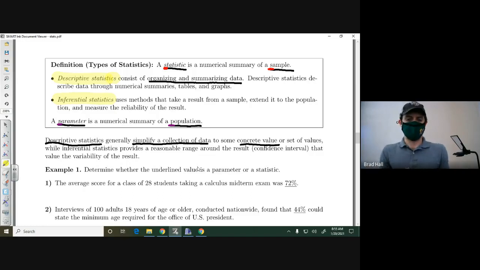So inferential statistics would be really a range of possible values that you are confident your average or someone else's average would lie in.